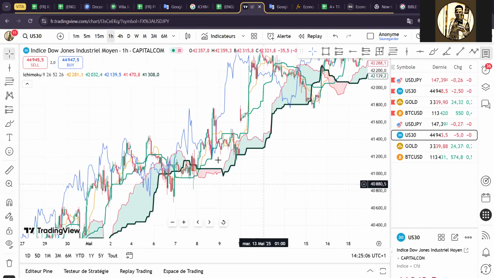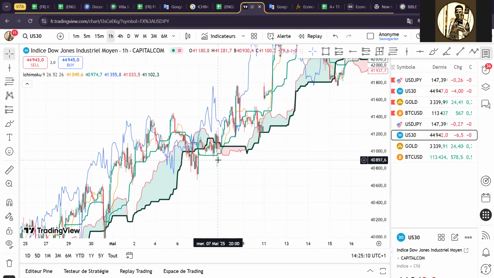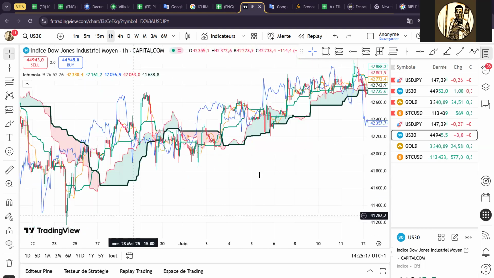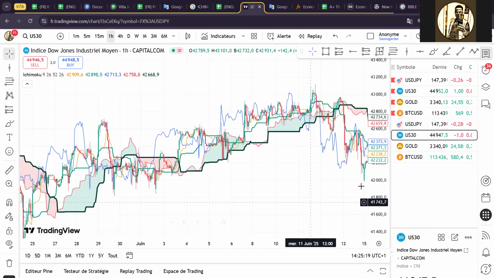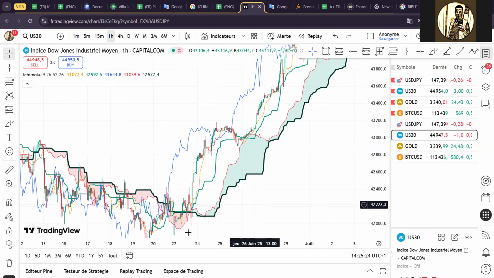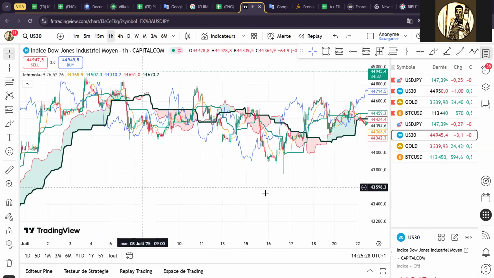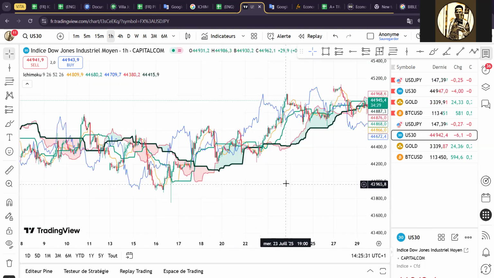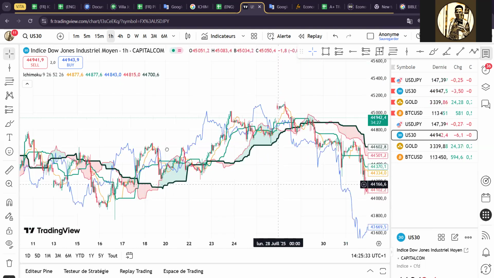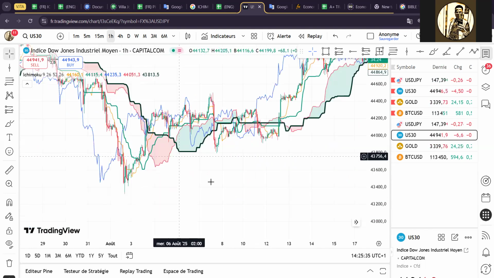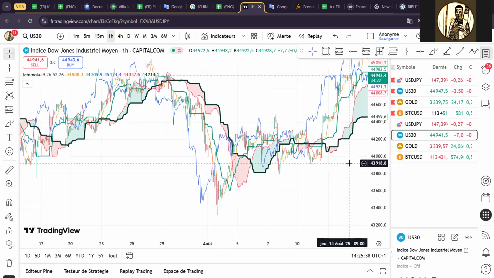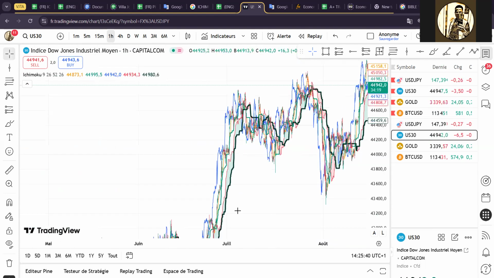This one can be a deeper correction, right? The course is below the cloud, but no, that's the reversal. I will not call it correction. That's the reversal. Let me not invent anything. Let me find just the right example that I want to give you. Tenkan and Kijun must be inside the cloud, both of them. And then the correction must be deep. And Tenkan alone must go out of the cloud. This example.